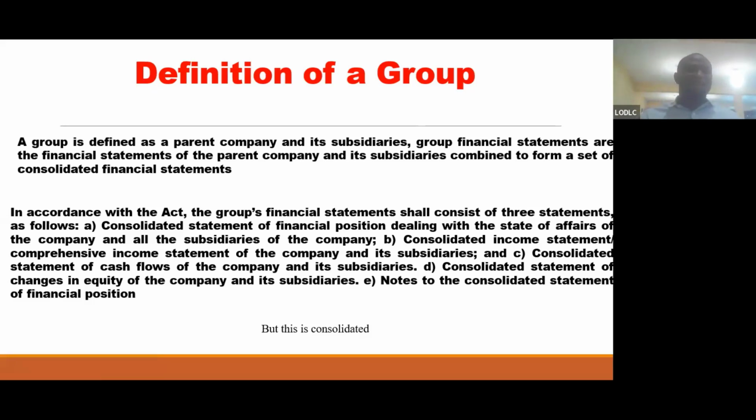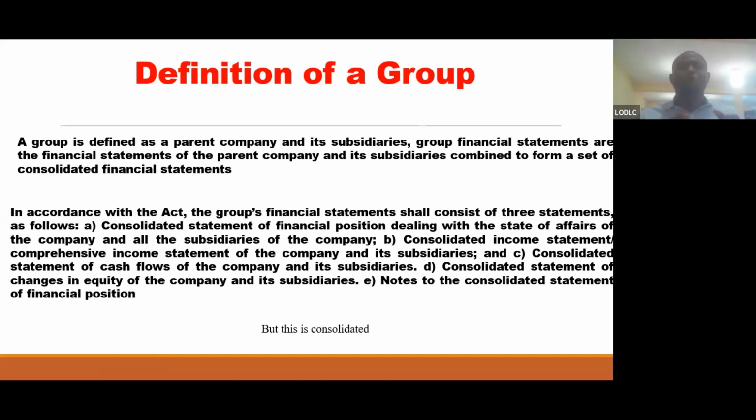So what we are saying here is that when we are talking about ordinary financial statements, there are some minimum contents that we must follow, that the users or stakeholders will look into, like the statement of financial position, statement of profit or loss and other comprehensive income, cash flow statement, statement of changes in equity, then explanatory notes.